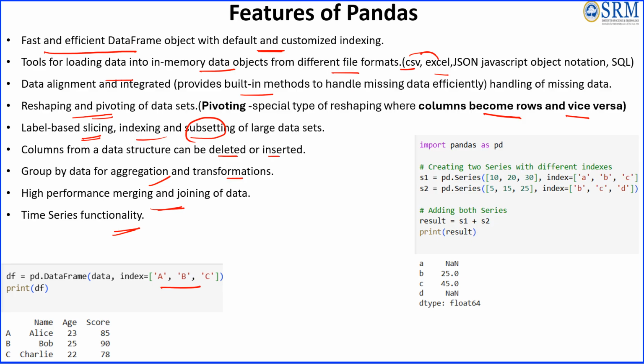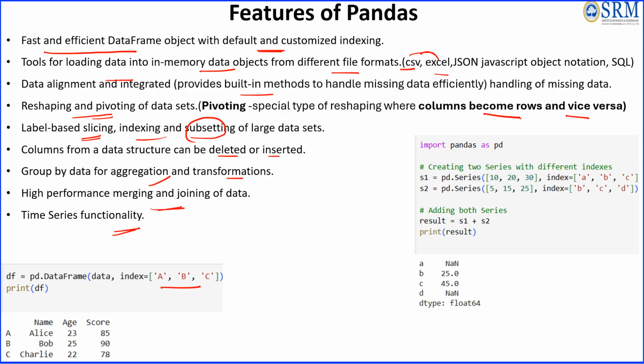And then one more: besides the data frame, we have pd.Series as well. It's a single-dimensional one. So we can create pd.Series with 10, 20, 30, and the index is given, which means you have to give the index A, B, C, and you can print it. The next one is pd.Series 5, 15, 25.